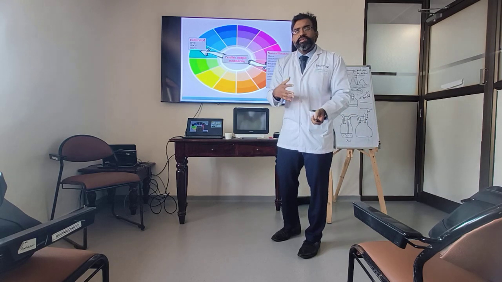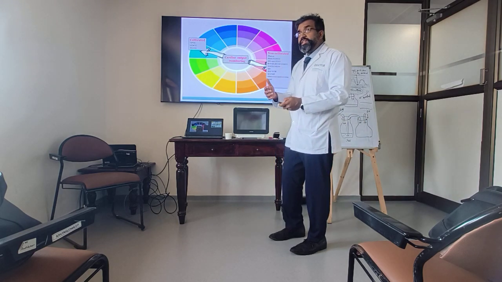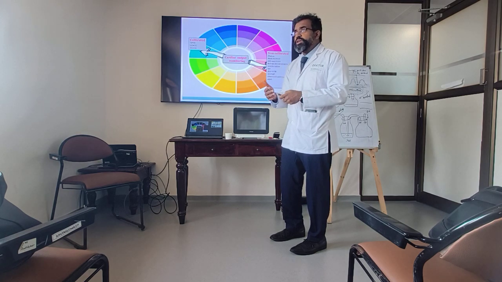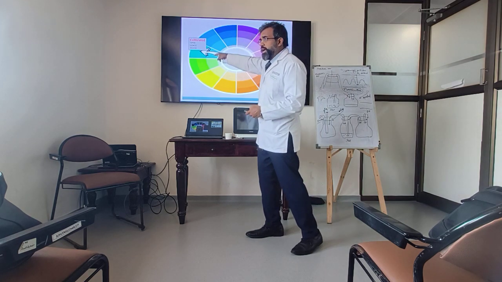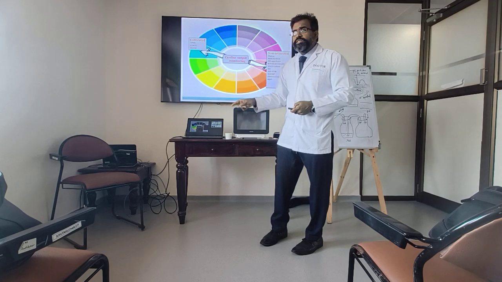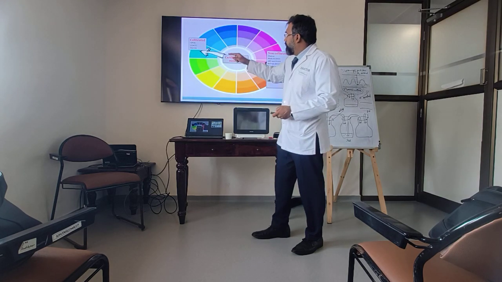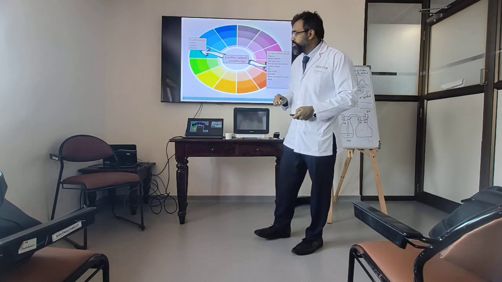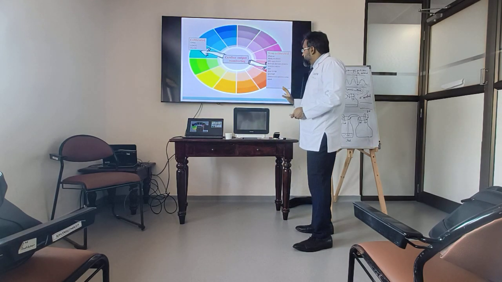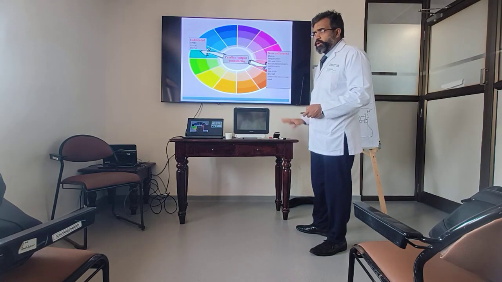Similarly, there are monitors that need a kind of zeroing, also called calibration. That calibration can be done either by TPTD, which is transpulmonary thermodilution, or lithium can be used. And non-calibrated systems are not calibrated at all.